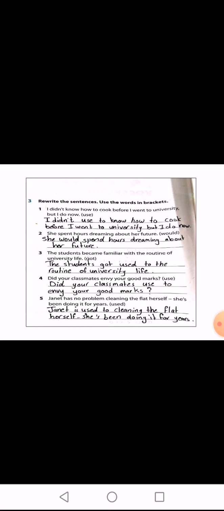Number 4. Did your classmate envy your good marks? Questions we want to use: Did your classmate used to envy your good marks? Number 5.